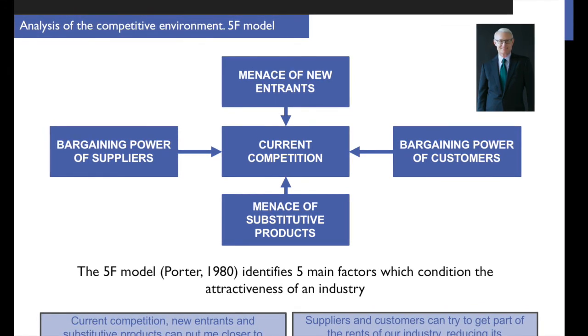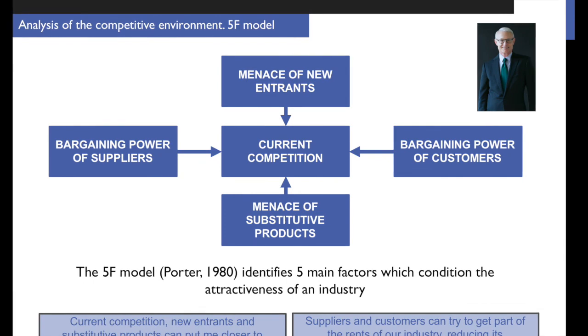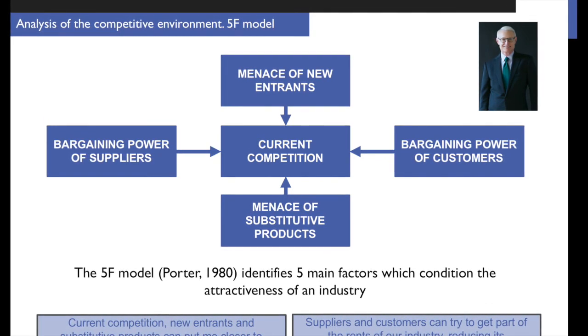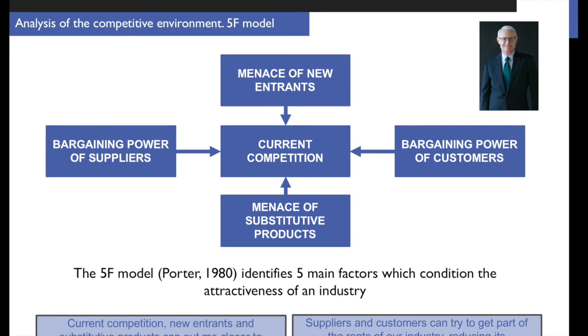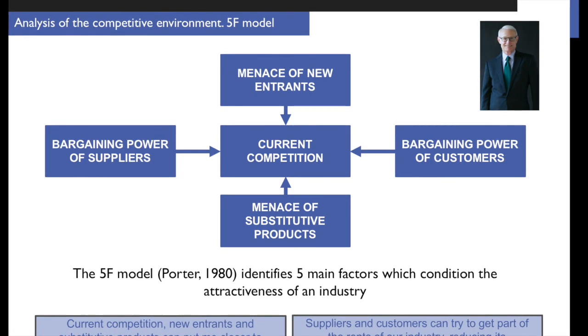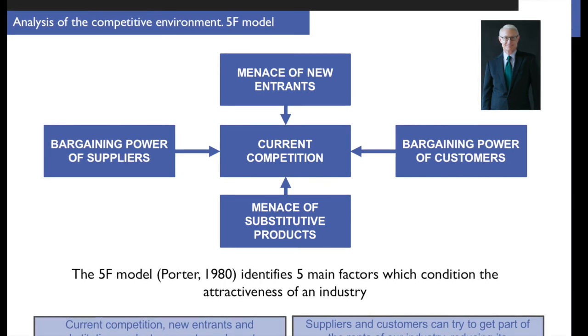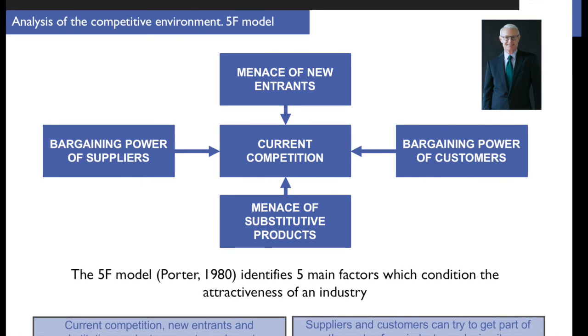Well, my suppliers, my supplying industries, or my customer industries normally will try to detract some part of these rents, to appropriate some part of these rents. So, obviously, the bargaining power of suppliers and the bargaining power of customers is really relevant to understand if they can detract some rents from us. So the 5 forces model analysis will deal with these forces. We are going to get deeper into studying each one of these forces from now on.